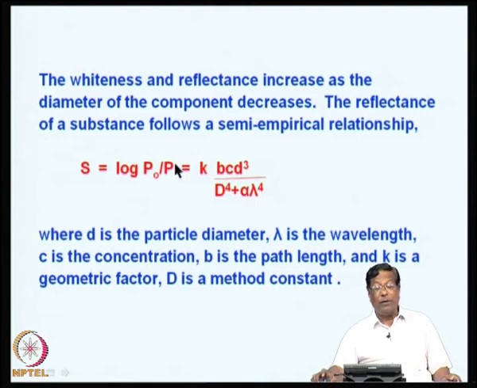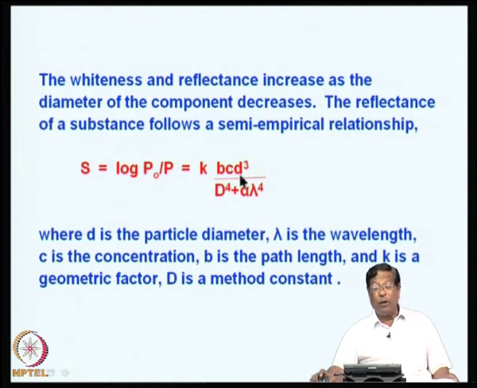Now, you should not confuse this with transmitted radiation. That is why we are calling this parameter S, S for specular, and it follows approximately this log of P naught by P.